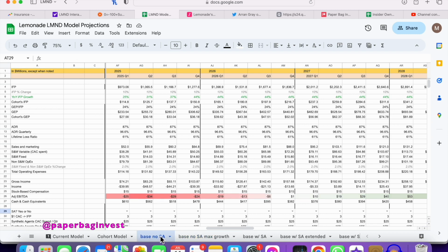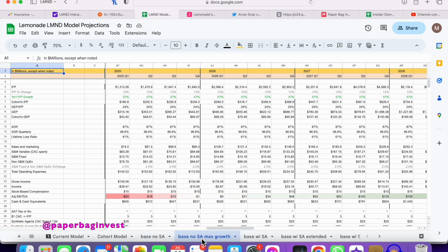What it really does is shift your profitability sooner. In the first model I showed you, we're profitable at about the beginning of 2027, very end of 2026. If they go higher growth, you shift the profitability maybe to the beginning of 2026, end of 2025, if they're really pushing for massive growth or can achieve that sort of growth.